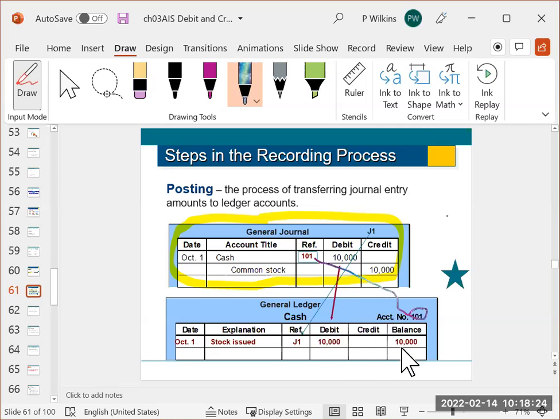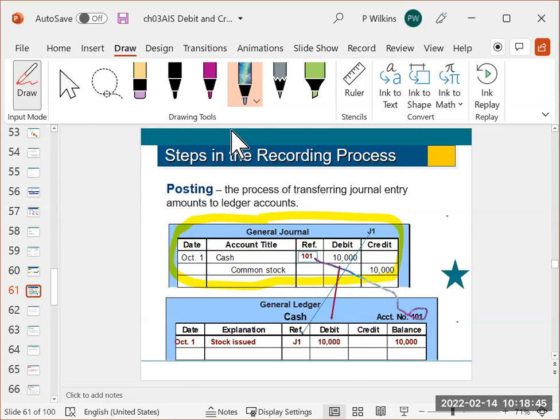So on the bottom is the ledger card. Up above, in the first box, it says General Journal J1 is the number of the journal. It has date October 1, account title cash, and then it has a reference number, and then it says debit 10,000, and then it says common stock credit 10,000, right?